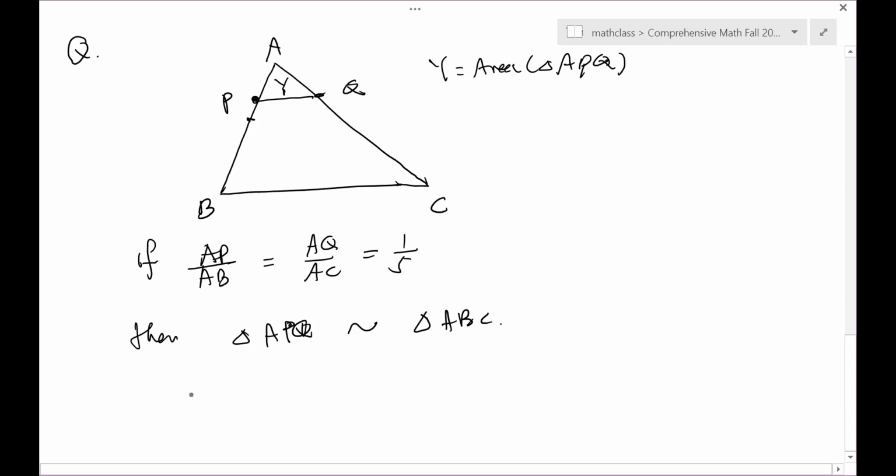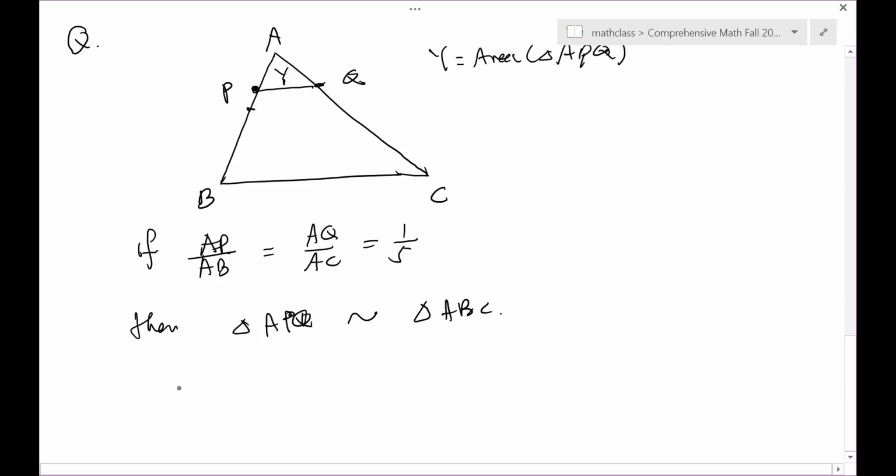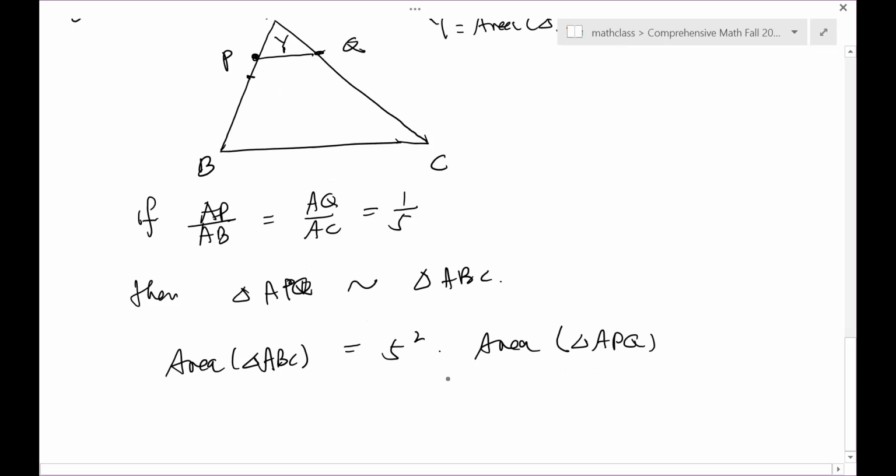Then the area of the larger triangle ABC is going to be what? It is going to be 5 squared times the area of the triangle APQ. Okay, you know why? Because the ratio of their areas is the ratio of their sides, squared.